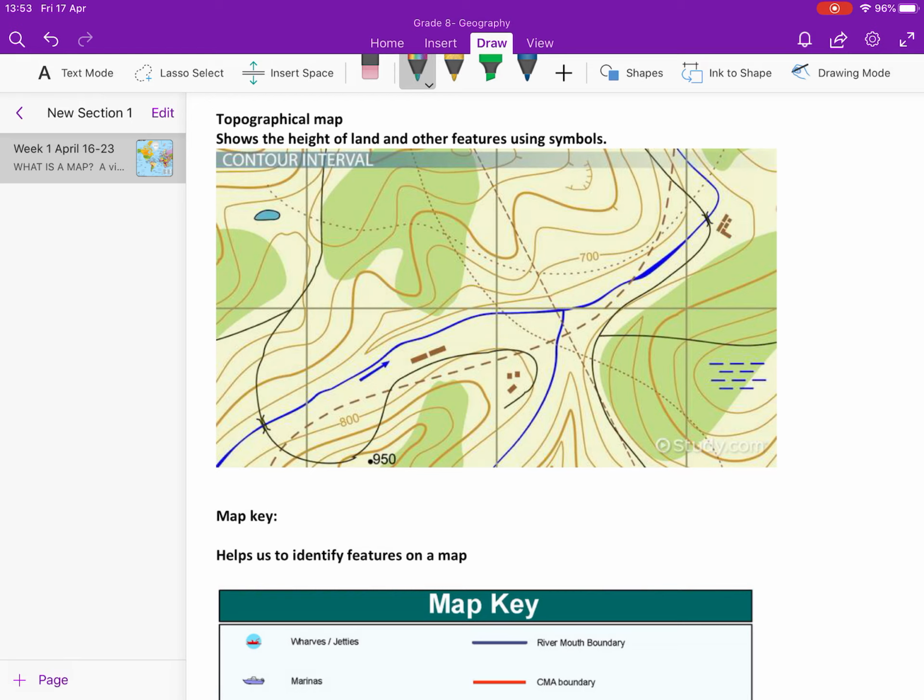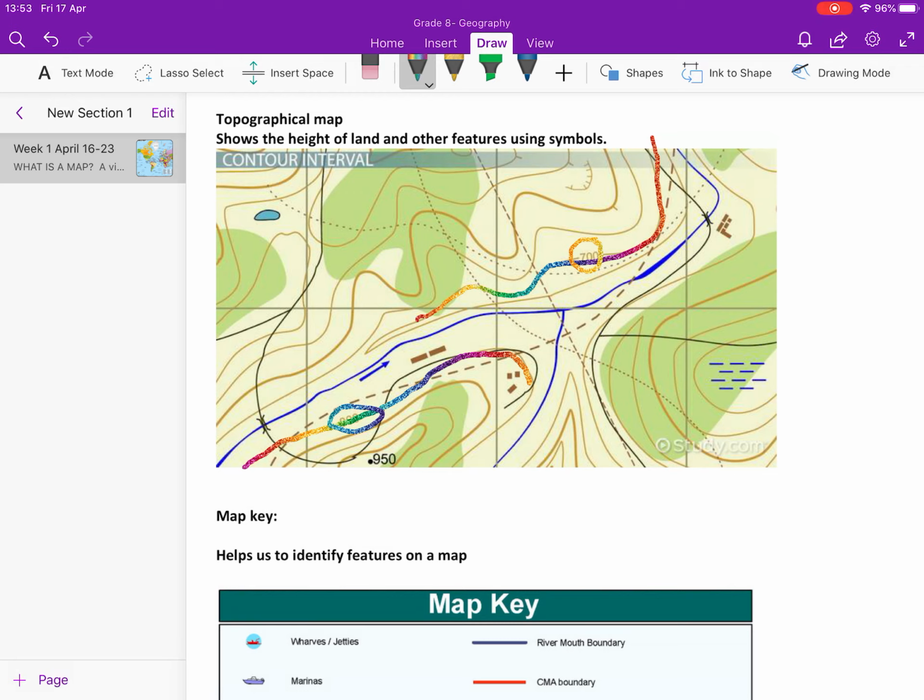We can observe on this map the height above sea level of this specific contour line that I'm drawing on. This specific contour line, the height is 700 meters above sea level. All height on a topographical map is given in meters. So this line over here would be 800 meters above sea level.